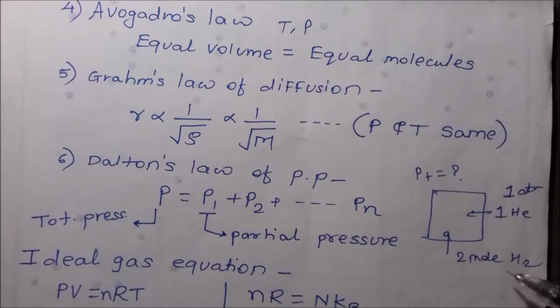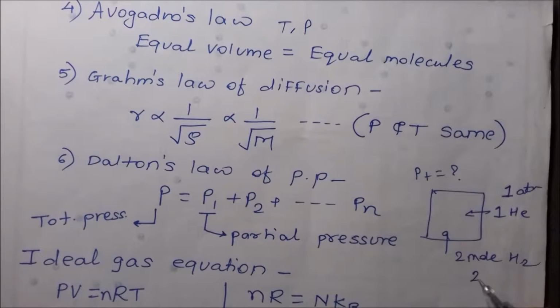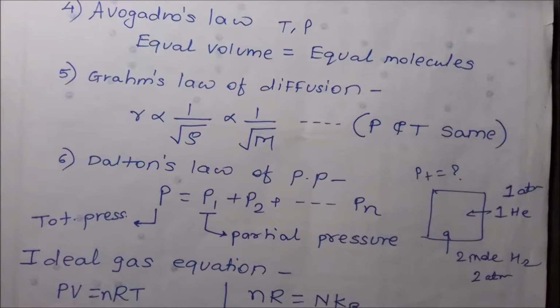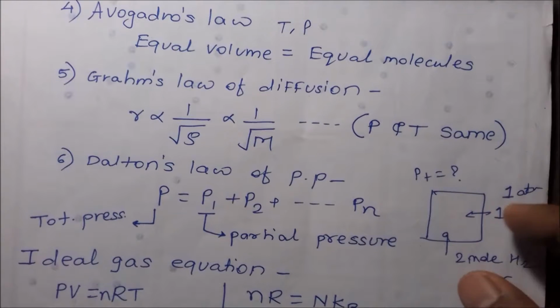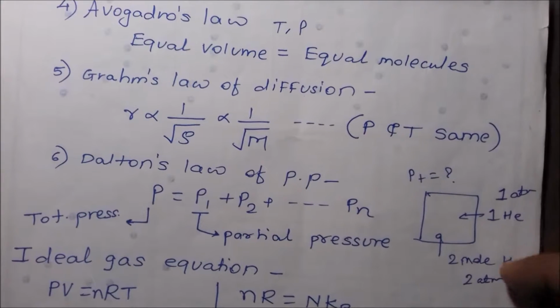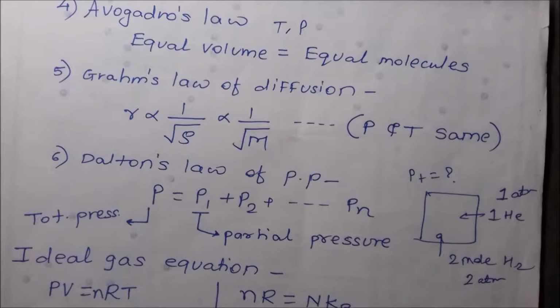If I put only hydrogen into the chamber, then pressure is 2 atmosphere. Then total pressure is 2 plus 1, 3 atmosphere. Total pressure of the mixture, if helium and hydrogen are put together, is 3 atmosphere. 1 atmosphere is partial pressure of helium, 2 atmosphere is partial pressure of hydrogen.